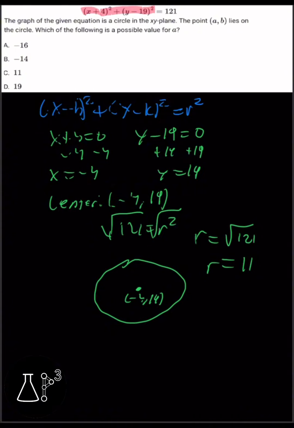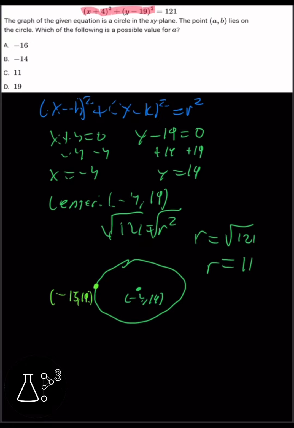So what can I do with this information to figure out a possible value for A? Well, if I look at my center, it's (−4, 19). So what I'm going to do is add and subtract 11 from −4 to figure out my smallest and greatest x value. So if I subtract 11, I'm going to get −15 and then 19, because we're only changing our x value, not our y, because we're looking for A and not for B, because A is our x value.